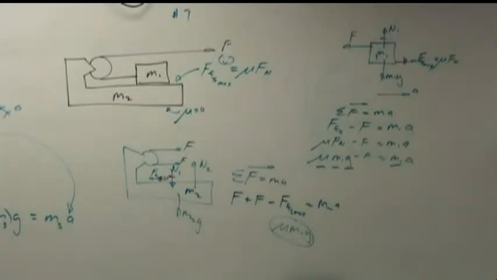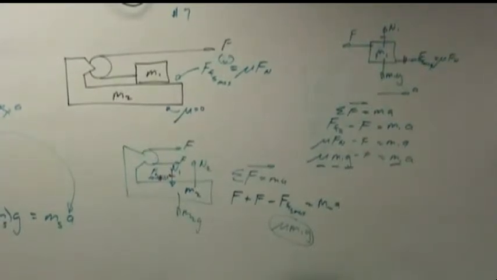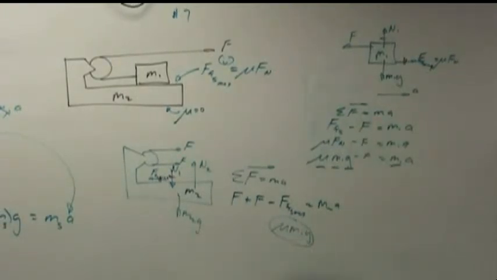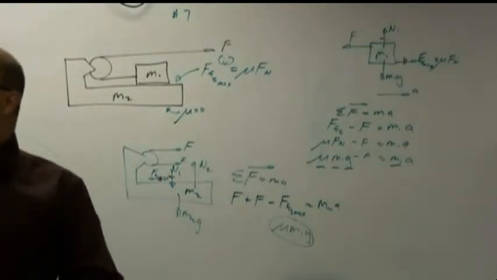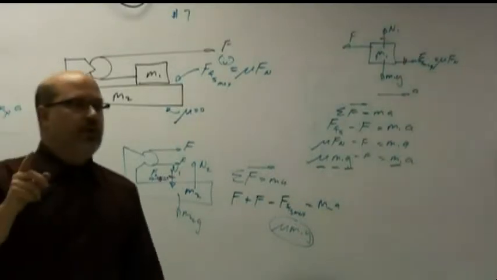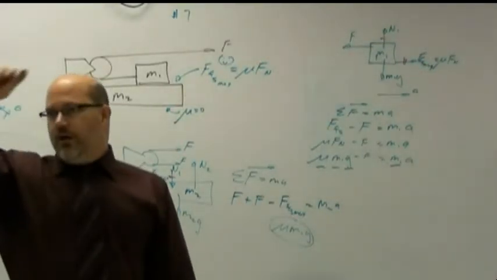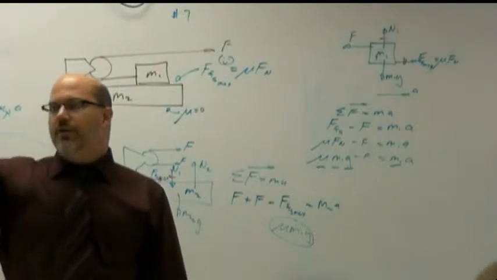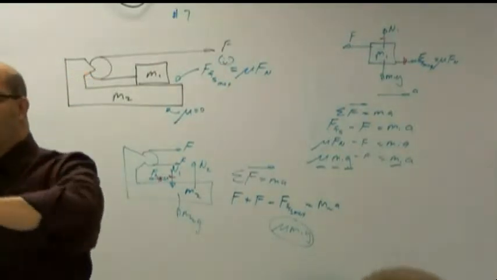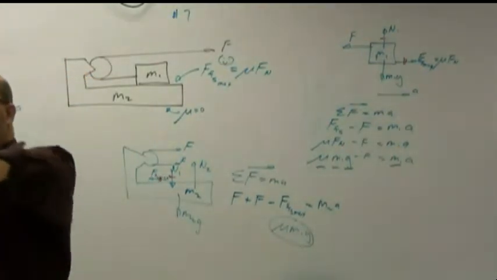Isn't F equals M1 plus M2 times A, isn't that A different from M1A? No, because they're attached and not moving relative to each other. That's an excellent question. Everybody catch that? I thought the acceleration of mass 1 was 0 since it's not moving. Now it's 0 relative to mass 2, but they're both moving this way.